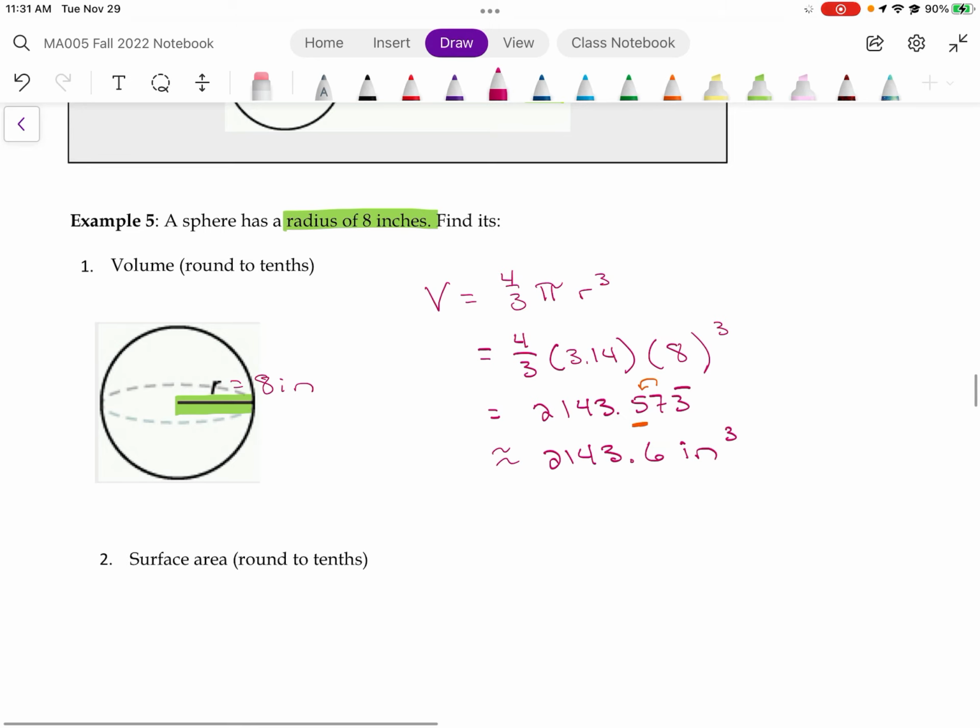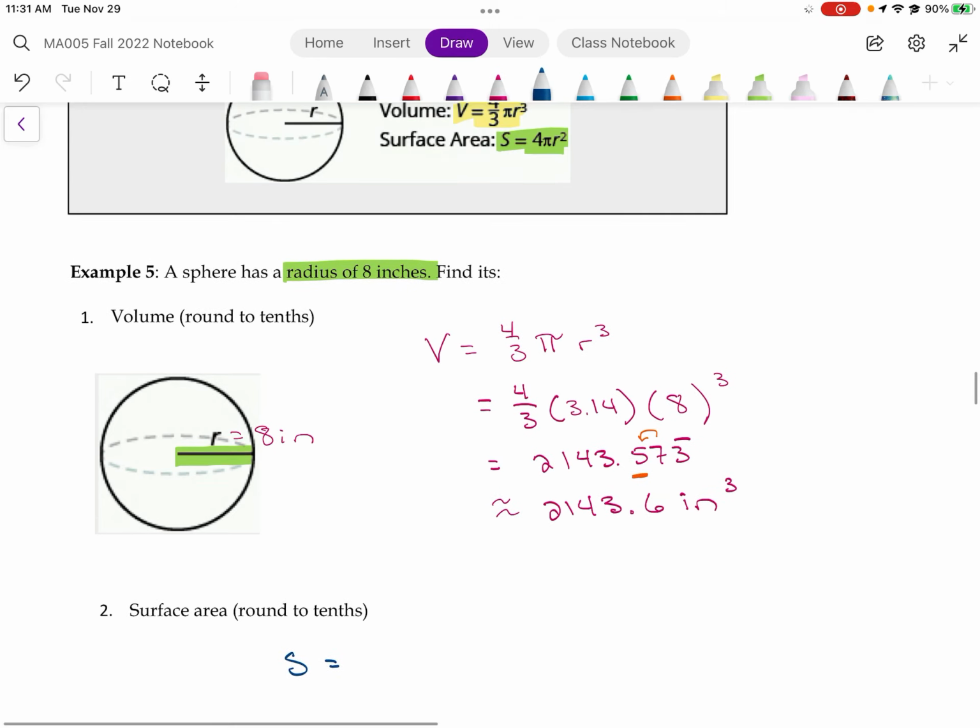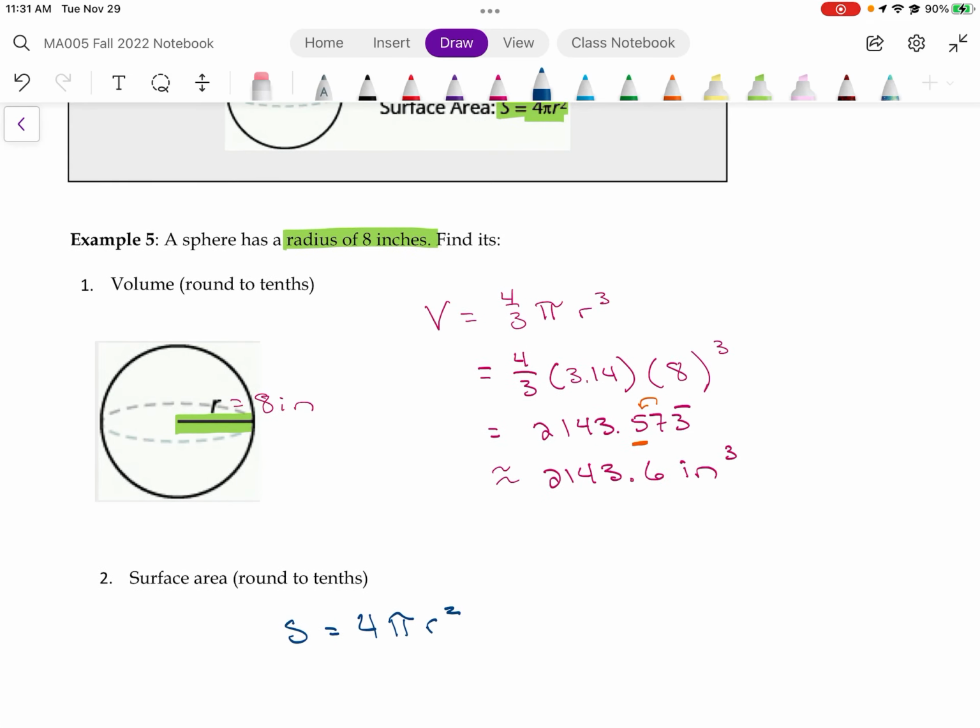All right, the surface area is just a different formula. We're just going to use surface area equals this one right up here, 4 pi r squared. All right, so we get 4 times, I'm using 3.14 again. You can use the pi button. You'll just get a little different answer.